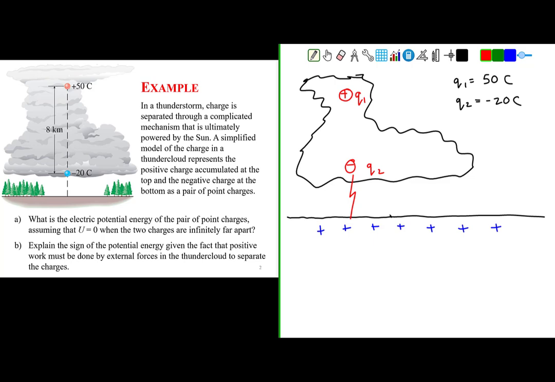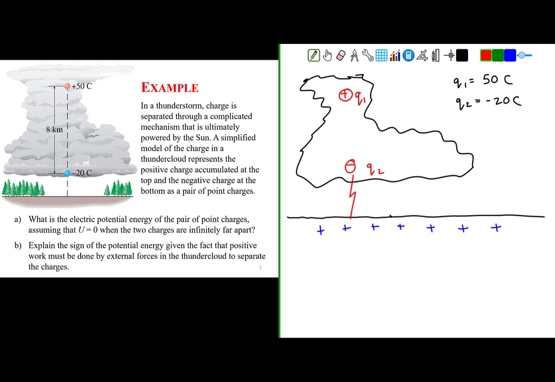Our goal in this problem, however, is just to determine the electric potential energy between the charges in the cloud, so between Q1 and Q2. Potential energy is shared energy.